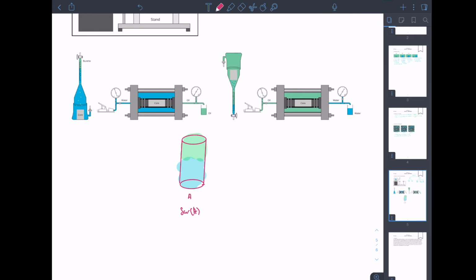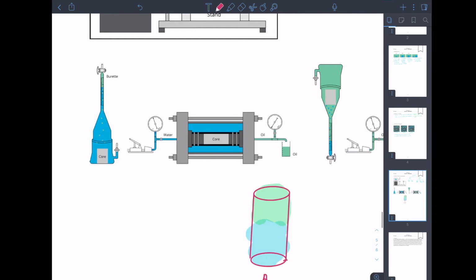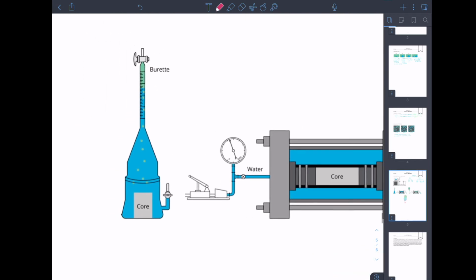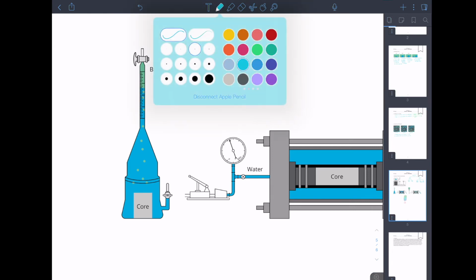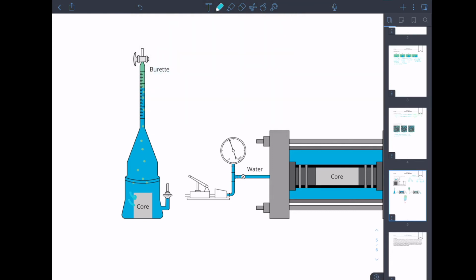After that, we take this core sample and place it inside the Amott cell, which is the one that we see over here. Once we place the core sample inside, and assuming that the core sample is water wet, the rock will absorb water.